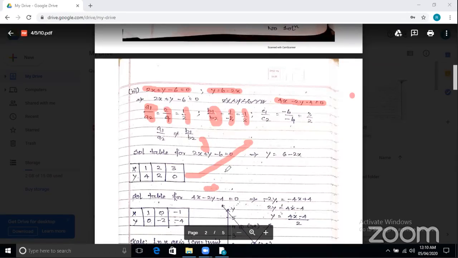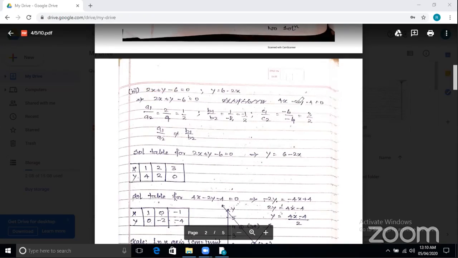Plus divided by minus is equal to minus. Therefore, minus 1 by 2. Any doubt? No doubt, sir.